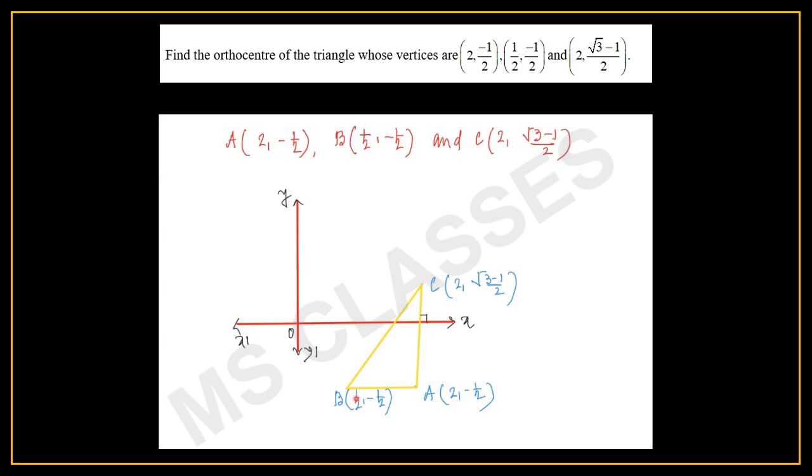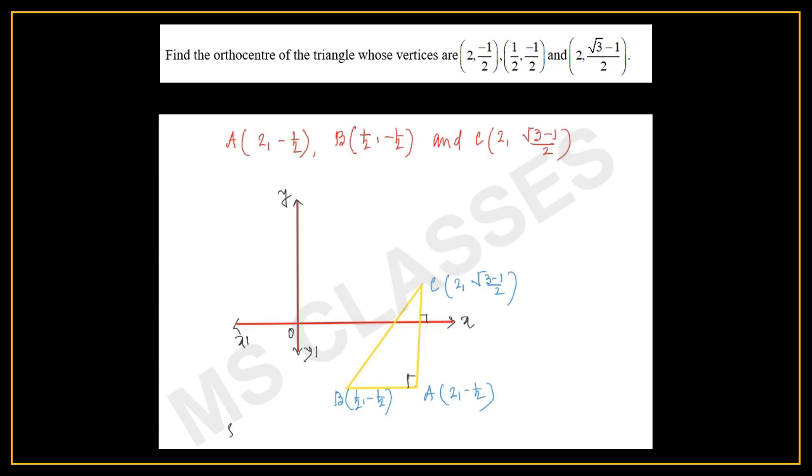That means AB is parallel to the x-axis. So that means angle CAB is 90. Since CAB is 90, the orthocenter of the triangle ABC should be equal to A.